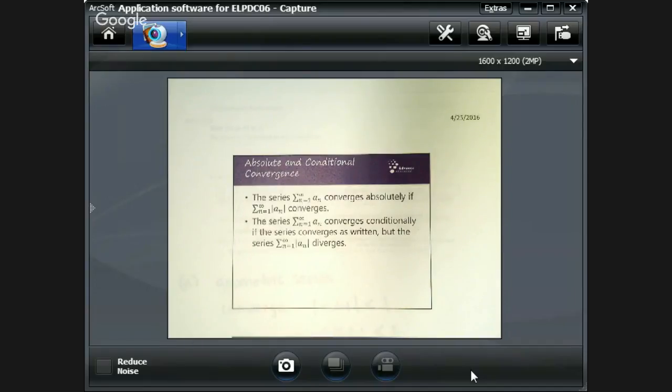The absolute value of that is a P-series where P is equal to 2. So that series is going to converge, which means that the alternating series converges absolutely. That gives you an idea of what's happening.